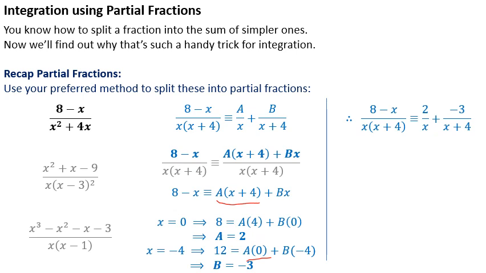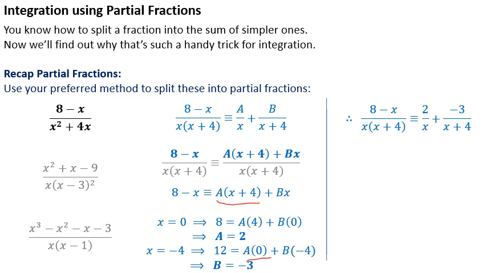That's not a coincidence. It's precisely because those things are factors of the denominator that they turn out to be useful things to substitute into when we were finding terms that fit for the numerator. If it feels a little bit strange using those values to find the a and b values initially, remember all we're doing at that point is focusing on the numerator of each fraction and saying we need these to match for any value of x.